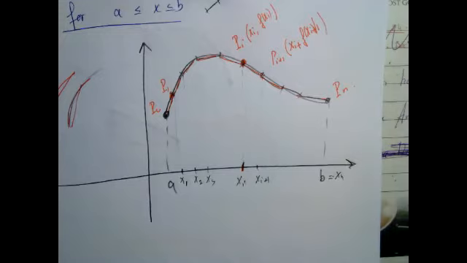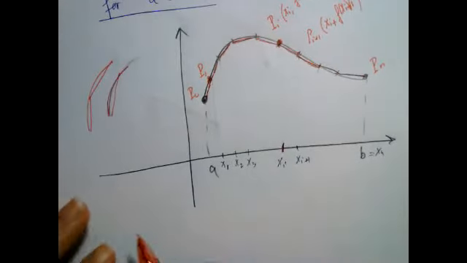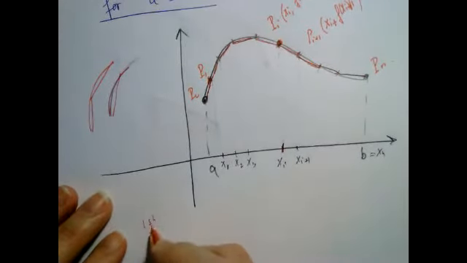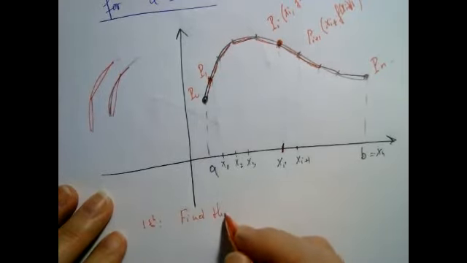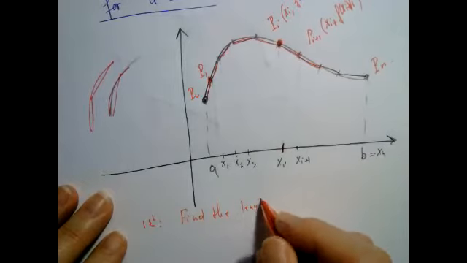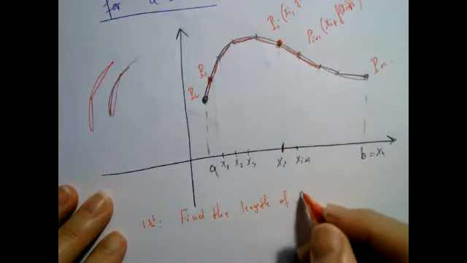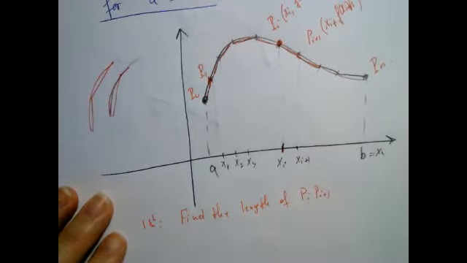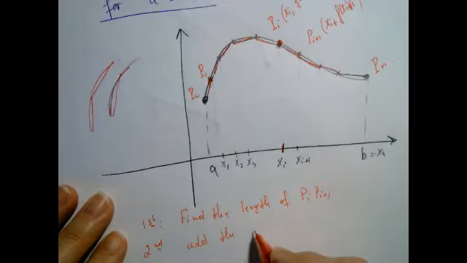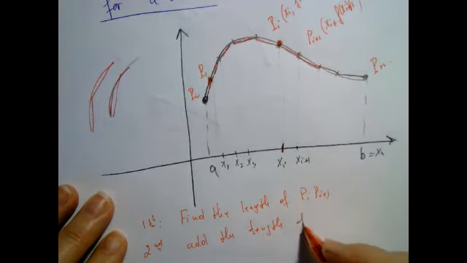And now what is the strategy? The strategy is first, find the length of a typical line segment, of the line segment Pi Pi plus 1. That's the strategy. Second, add the sum, add the lengths of the Pi Pi plus 1.